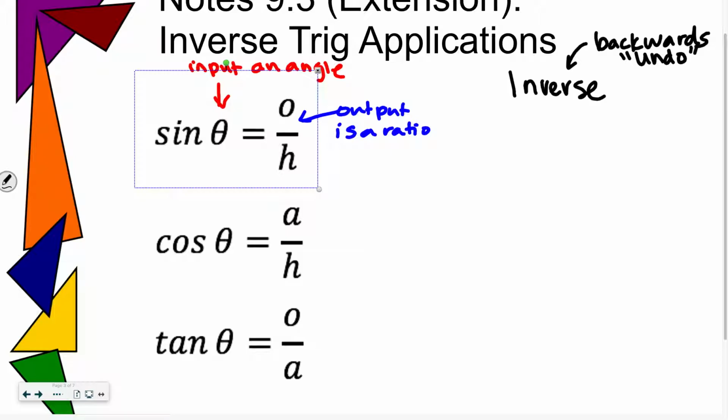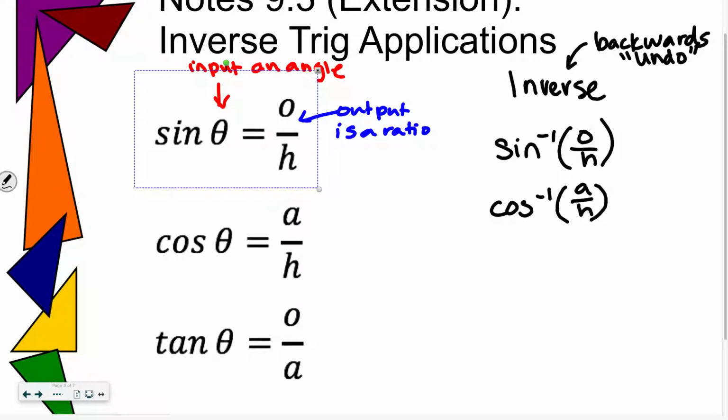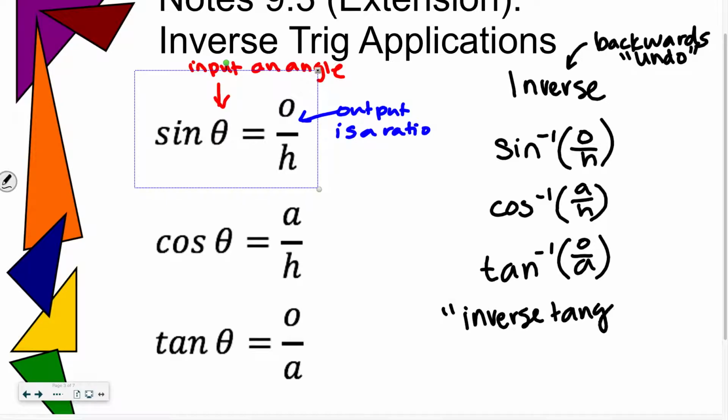So there's some new notation. Hopefully you have seen these before. The inverse sine of opposite over hypotenuse. The inverse cosine of adjacent over hypotenuse. I could put x over r, y over r respectively there. And the inverse tangent of opposite over adjacent. You've seen that notation. This is inverse tangent; that's how I say that, in quotes.